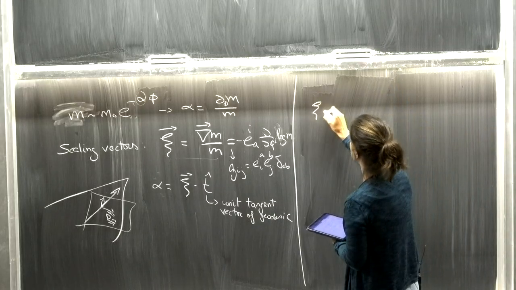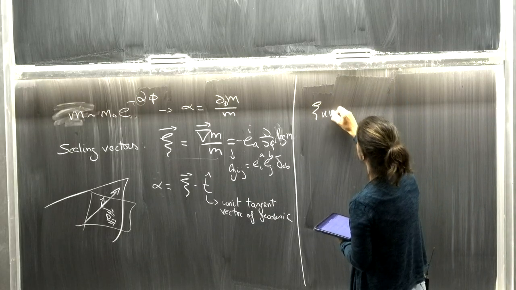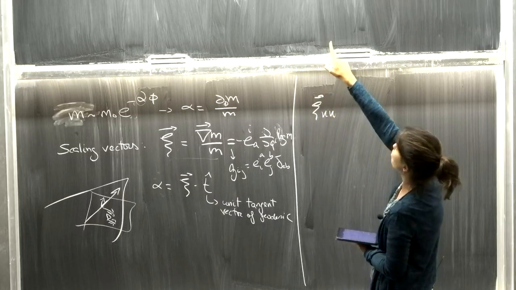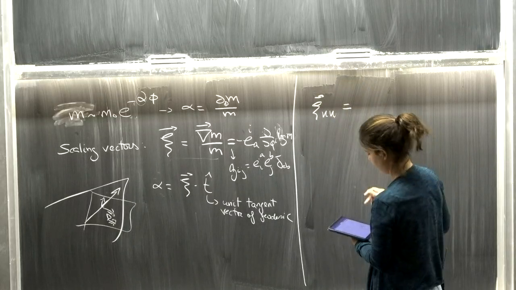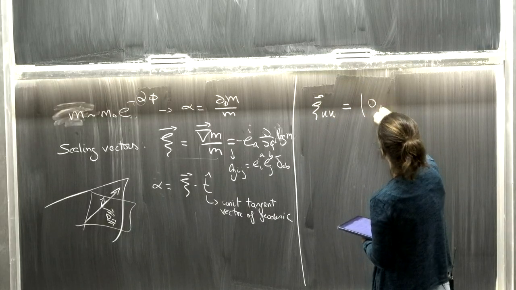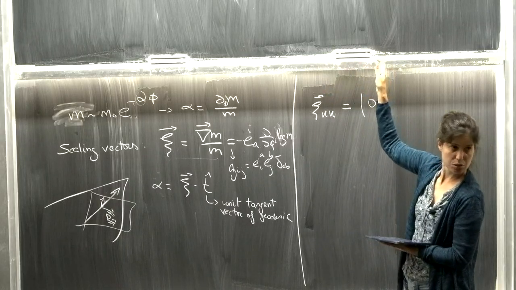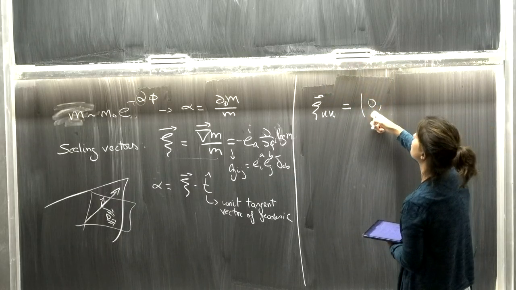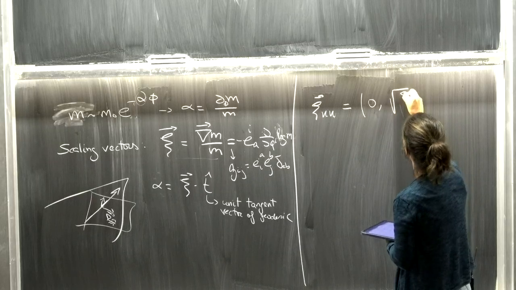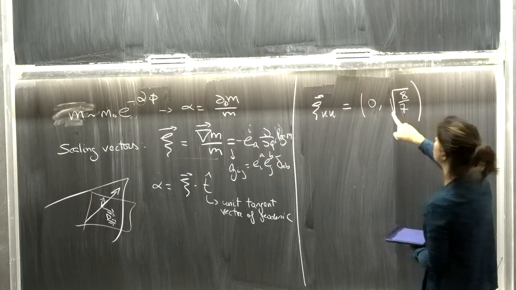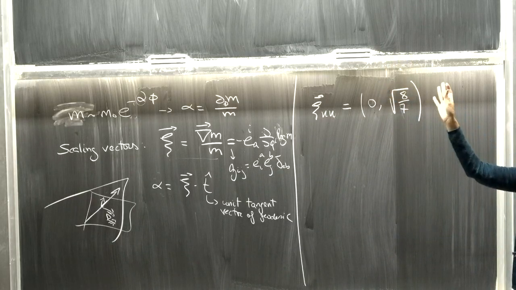So if you compute this vector for the first one, the KK, it's a two-dimensional vector who have the dilaton and the radius. It doesn't depend on the dilaton, so it's 0. And then for the radius, it's square root of 8/7. Okay?